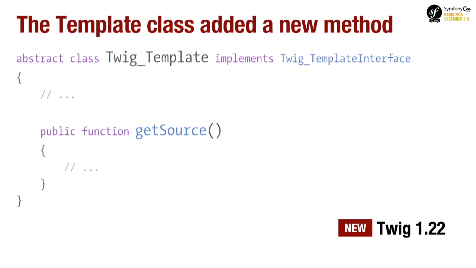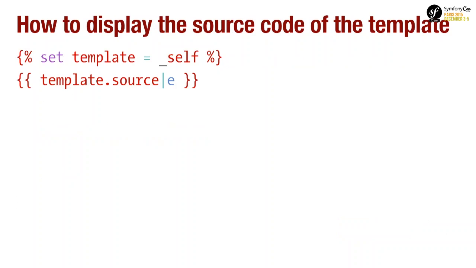In Twig 1.22, you can get the whole source code of any template, because they added this method getSource to the template class. So you can do things like this, which again is a very edge case. You don't need this on a daily basis, but you can get the full source code of the template.